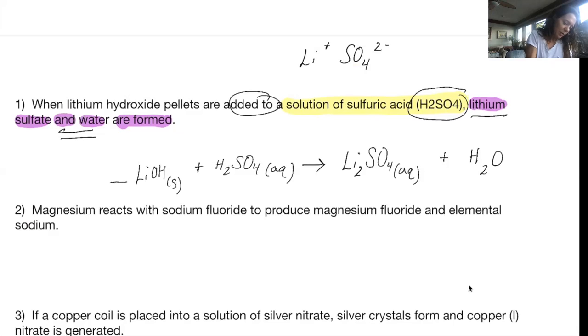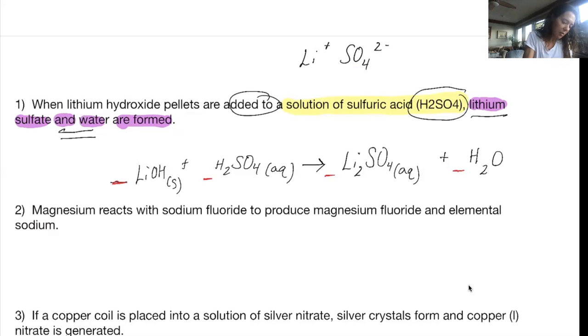All right, so we remember when we balance, we can put coefficients in front of reactants and or products. Now guys, this is the first hint I'm going to tell you. I tell this to my students every year. I need you to notice something.